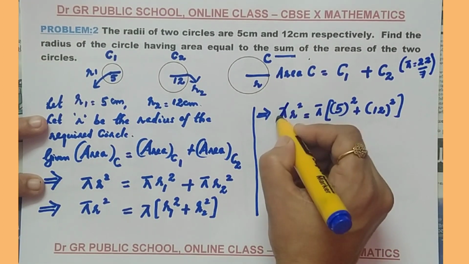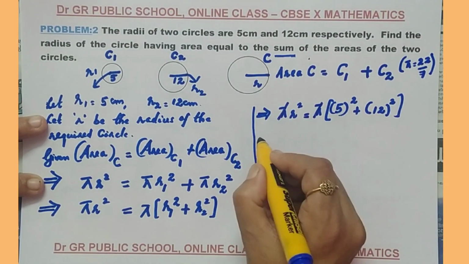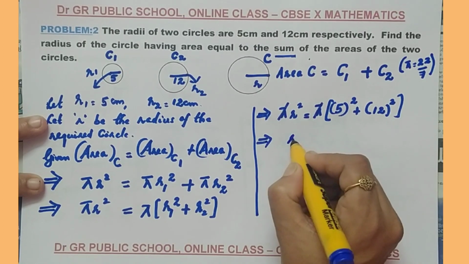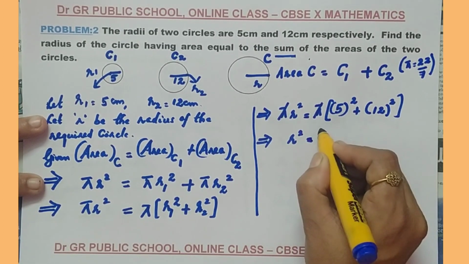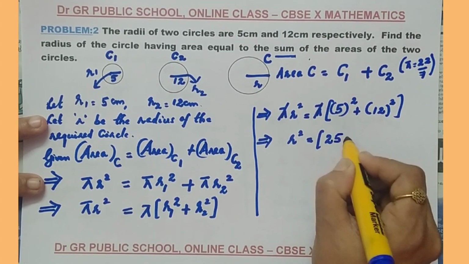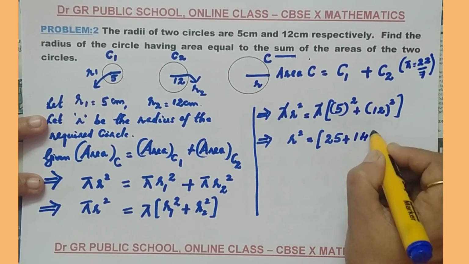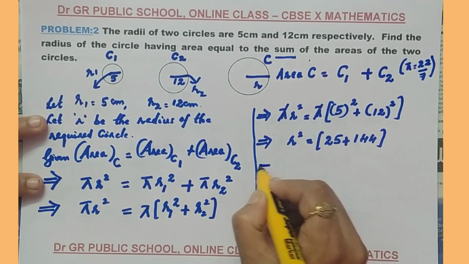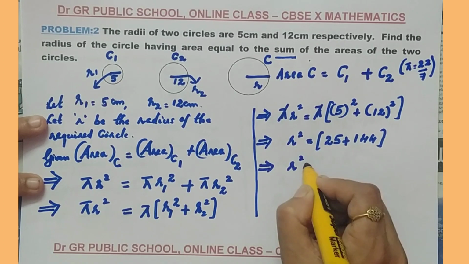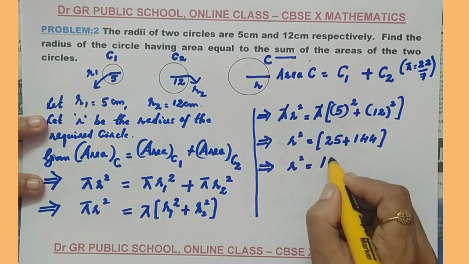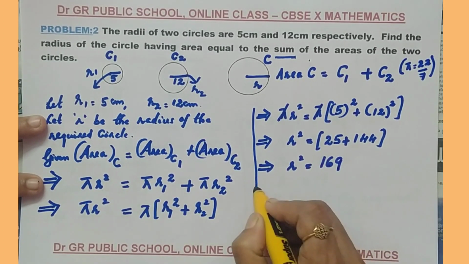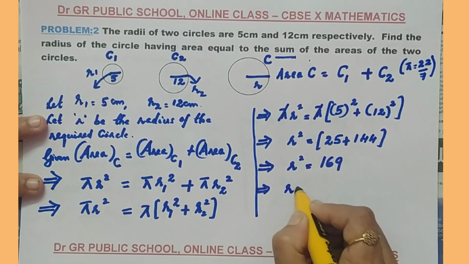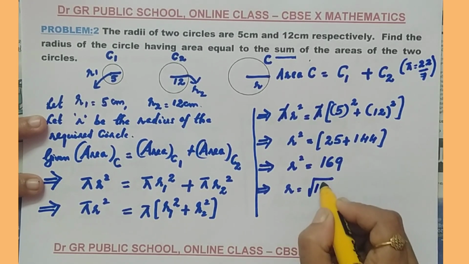I am going to cancel pi here. Pi cancelling, we get r square equals 5 square is 25 plus 12 square is 144, which implies r square equals, you know that 25 plus 144 is 169, which implies r equals square root of 169.